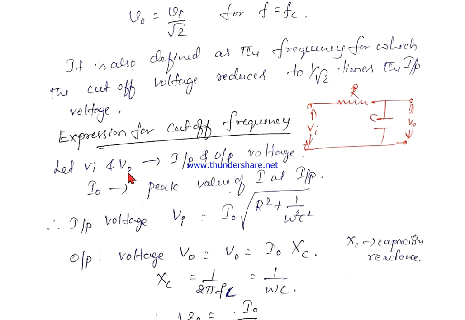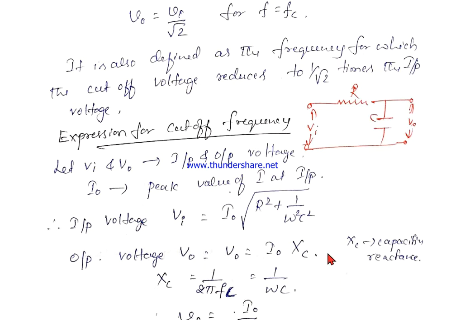Let Vi and V0 be the input and output voltage given to the filter circuit, I be the instantaneous current and I0 be the peak value of the input current. Therefore, the input voltage can be represented.